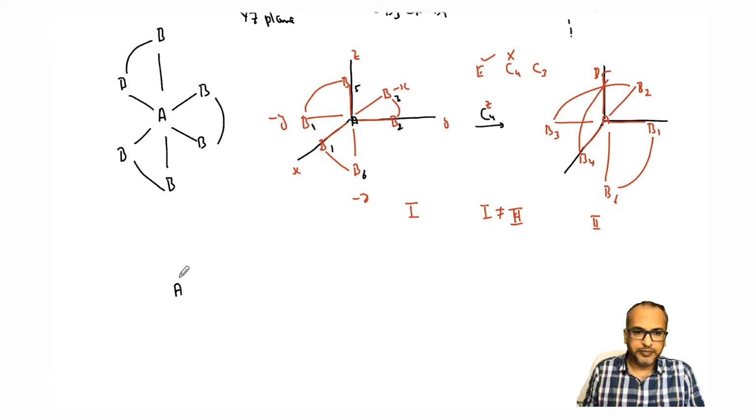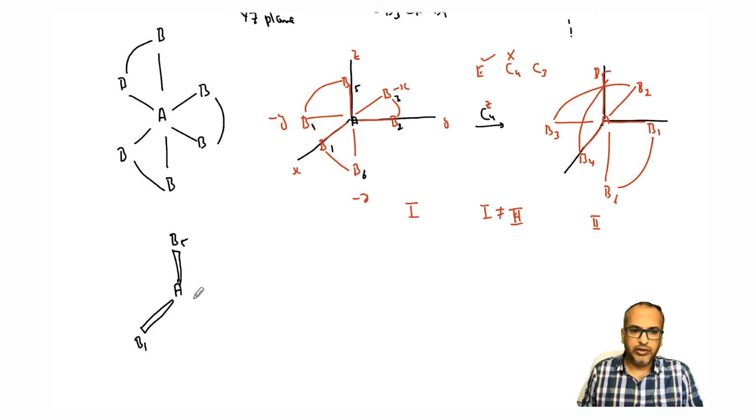So you have A, B. So this is B5. Then I have B1. Then I have B2. Okay, so I'm looking from the center of the XYZ side.